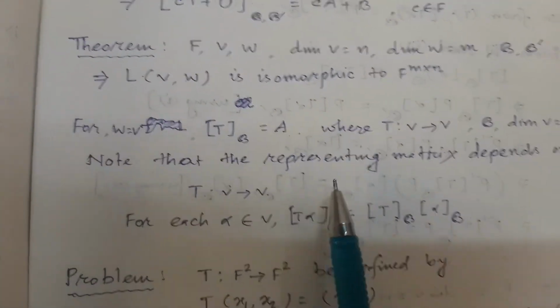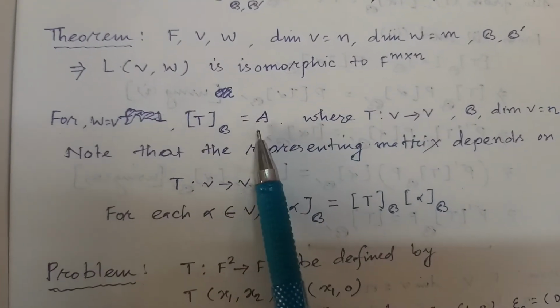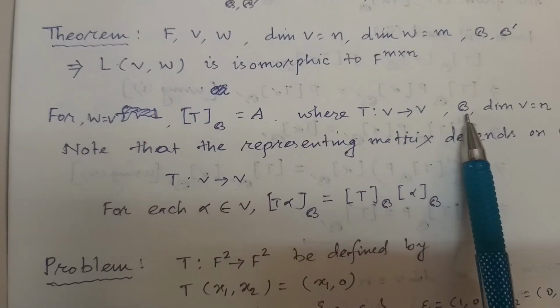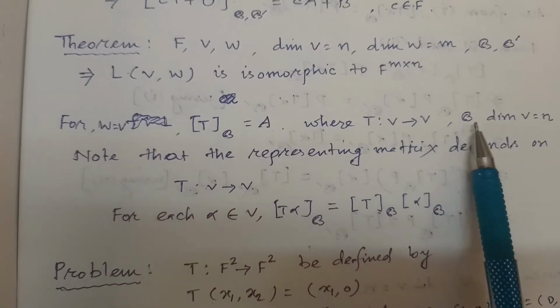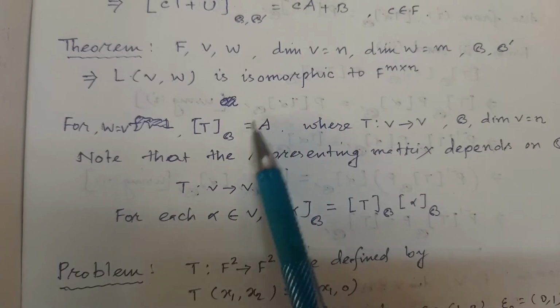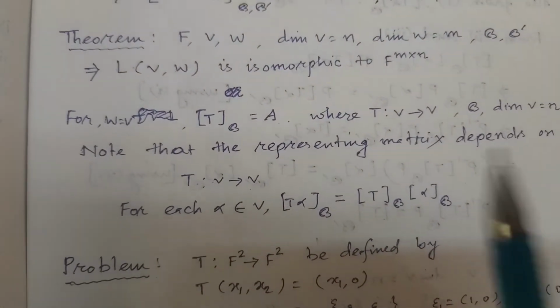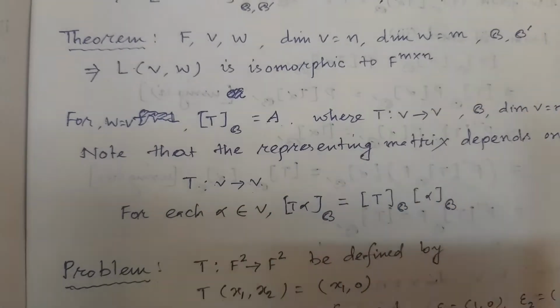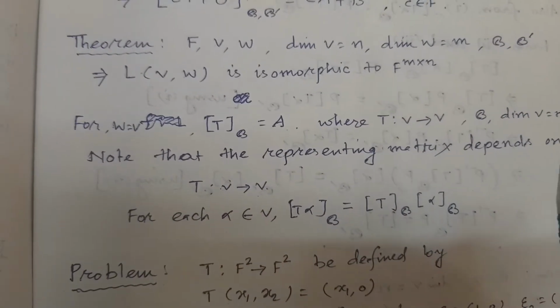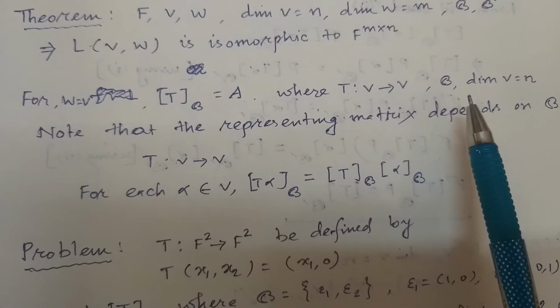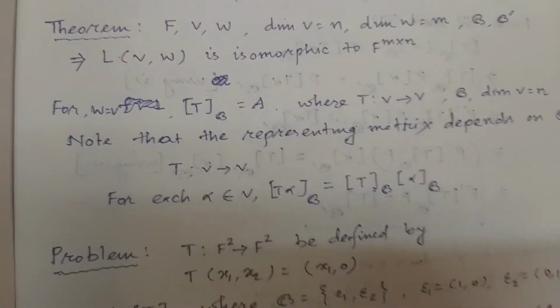Now note that the representing matrix capital A depends on the basis B. Okay, so if we change the basis, the matrix form will be changed. Now the question, what is the relation between these different matrices whenever the bases are changed? We will prove that later.